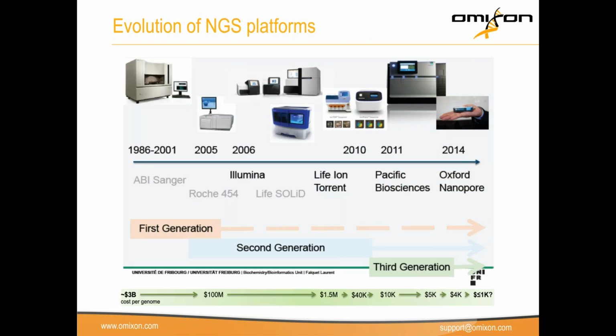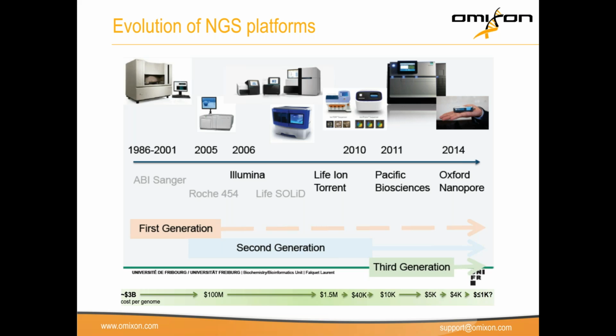So to look a bit more at the evolution of the sequencing platforms. As I already said, it started with Sanger sequencing, which we consider the first generation platform of sequencing. Then the second generation was introduced at approximately the start of 2000, but it was quite a bit later that people really started using it in routine.